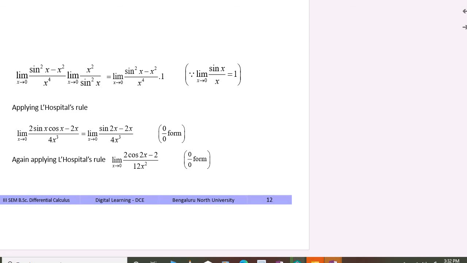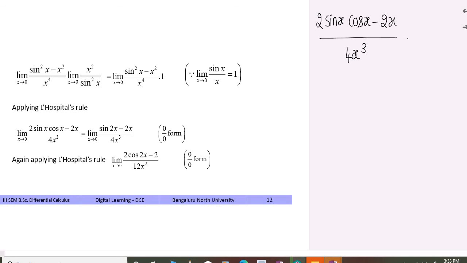Apply L'Hopital's rule. Then sine square x differentiation is 2 into sine x into cos x, and x square differentiation is 2x. x power 4 differentiation is 4x cube.